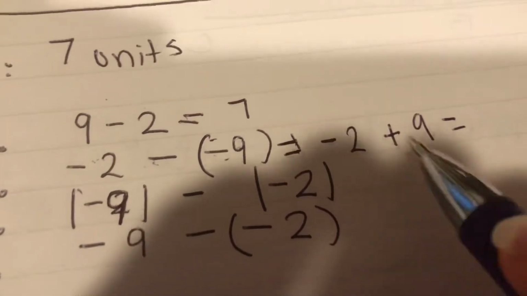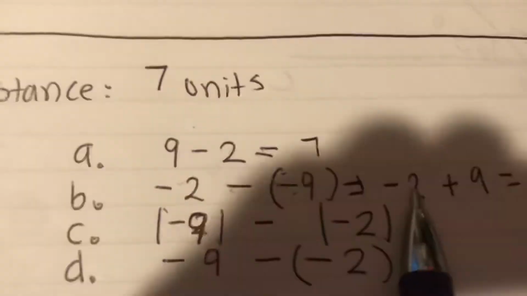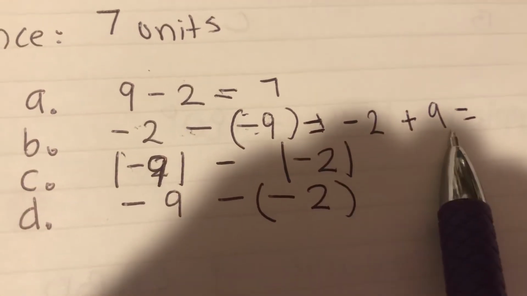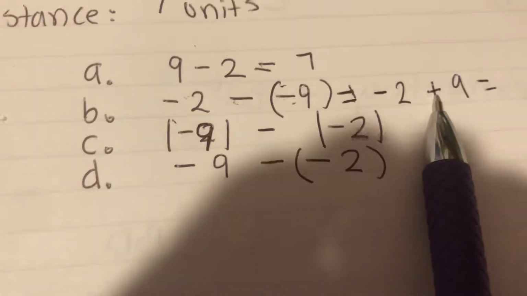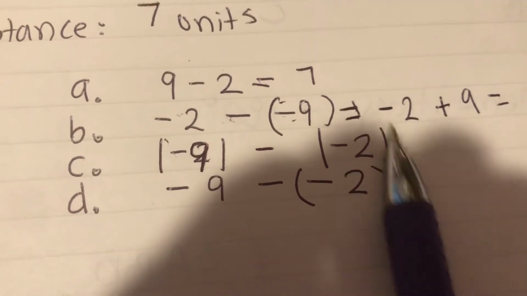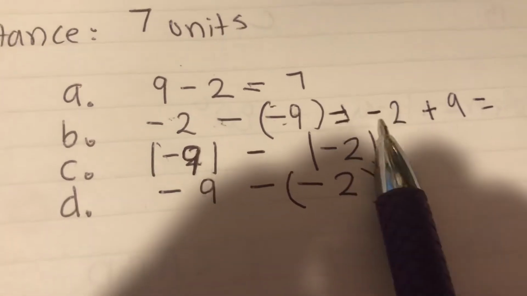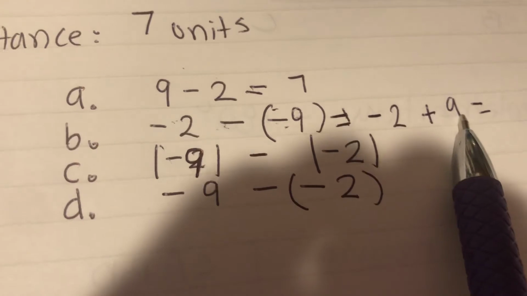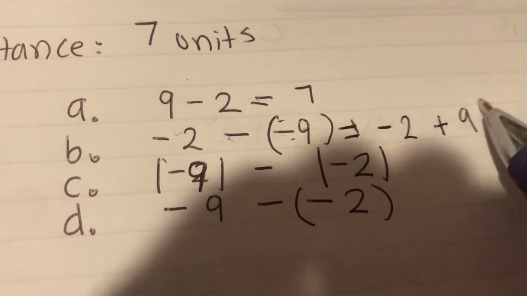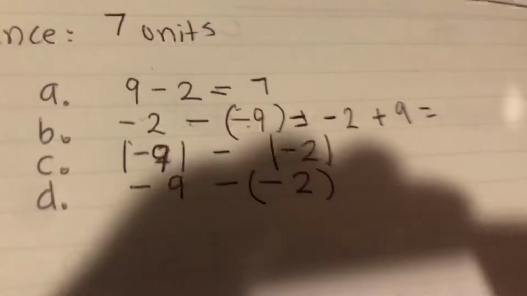If I have -2 plus 9, that means I have 2 negatives and I'm adding 9 positives to that. So when you think about it, remember, you find the difference between the two numbers.